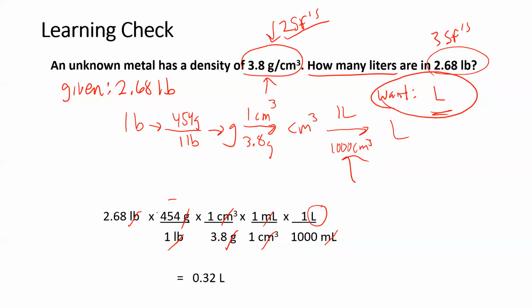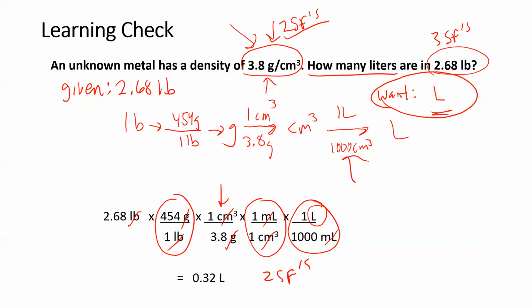Now remember, we're treating these conversion factors that we bring in as exact. We're not using them for sig figs. We are using the density because it was provided in the problem and it's a measured value. So my final answer should have 2 sig figs, not 3. This 0 does not count. Why? It's a leading 0. It's to the left of the non-zero digits, and leading zeros never count.